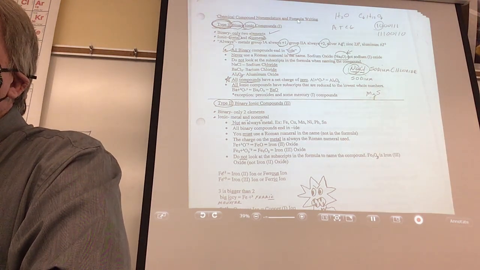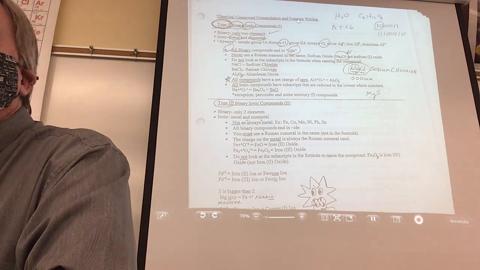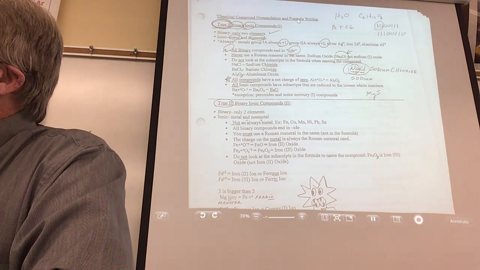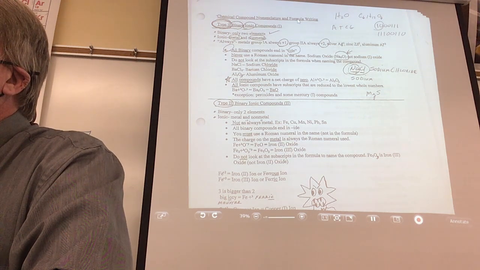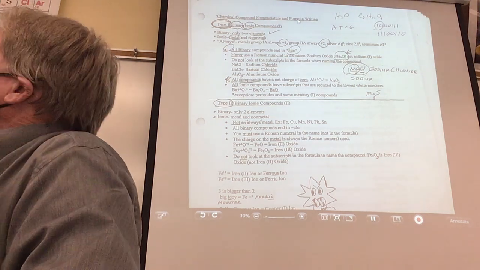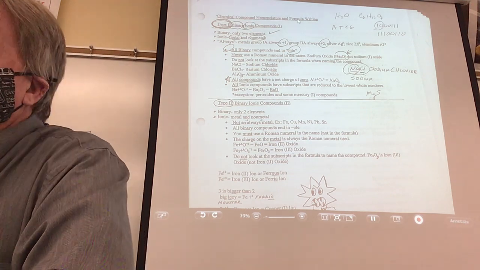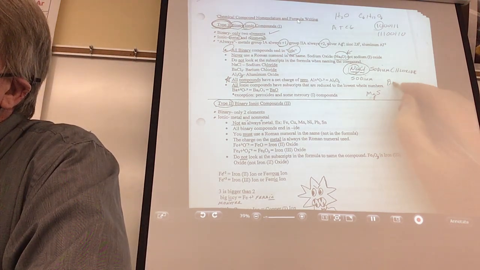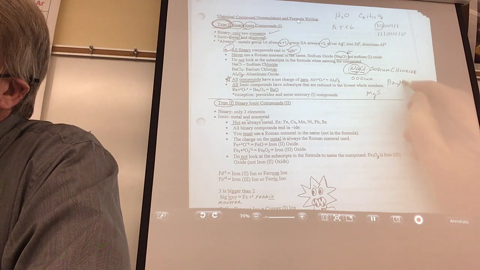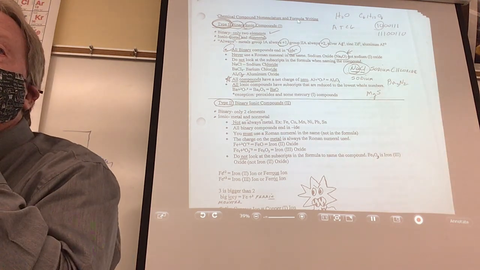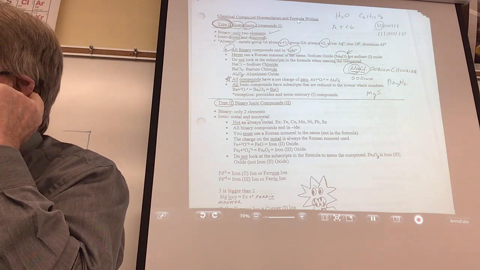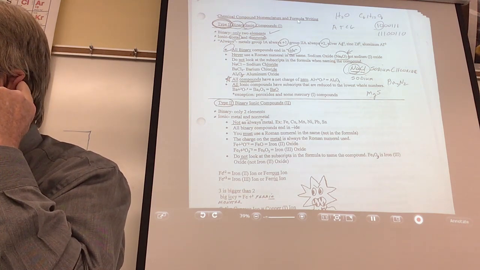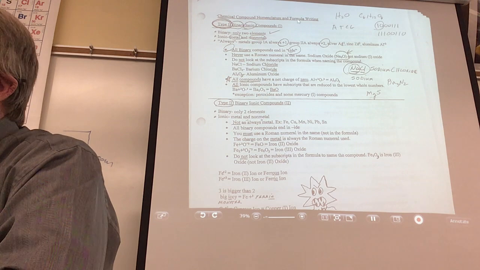You have it? That's nice that we can name these compounds, and I could probably come up with another 10 more, and you could name them all. You should be able to name them all. I'll give you a hard one. Ba3N2. Raise your hand if you're not sure how to name this.